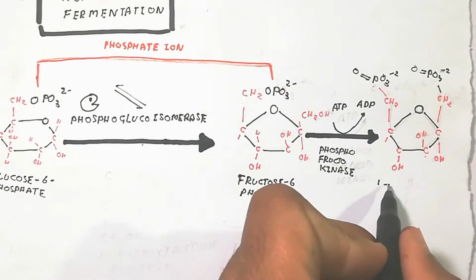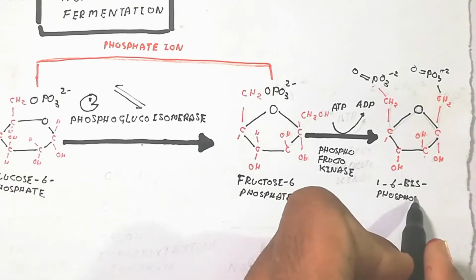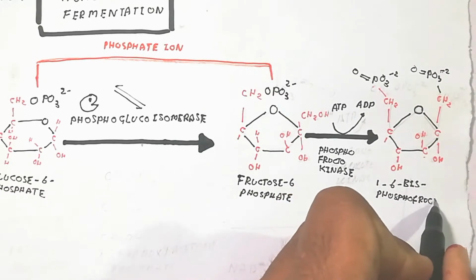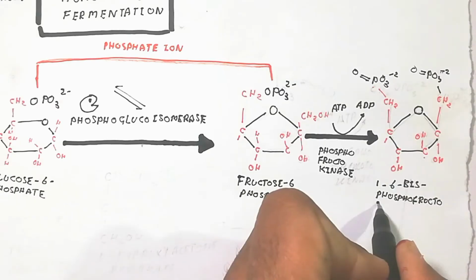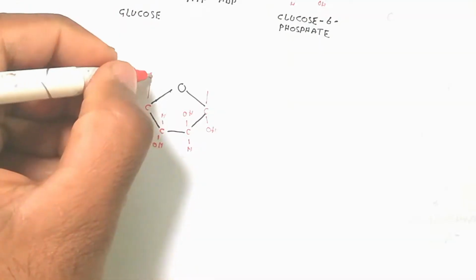So that is converted into 1,6-bisphosphofructose, which we will draw again here.